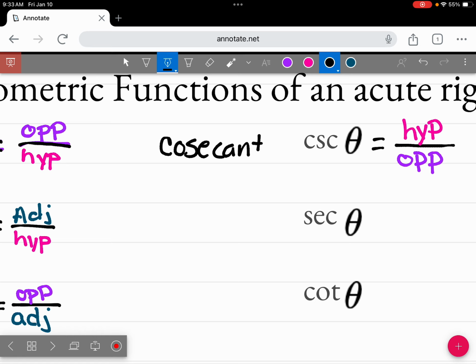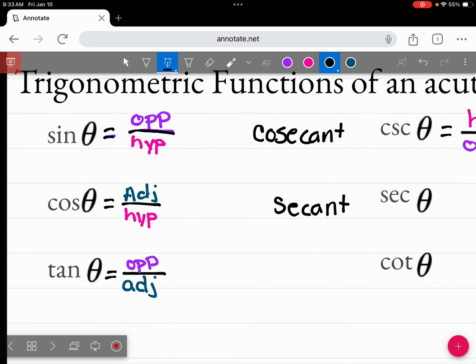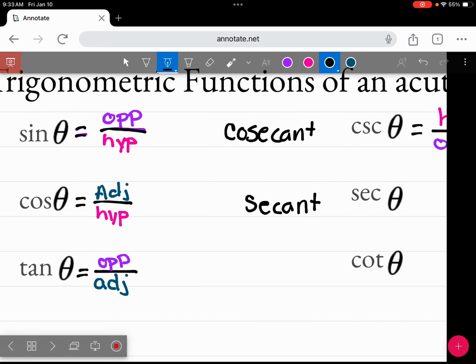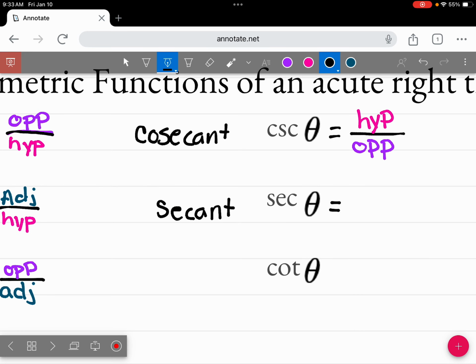The next one, SEC. Just like we have sine and cosine, we have cosecant and secant. And again, just like cosecant is the reciprocal of sine, secant is the reciprocal of cosine. So secant is going to be hypotenuse over adjacent.